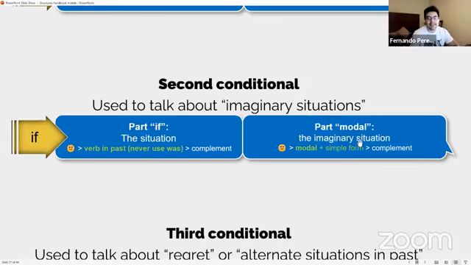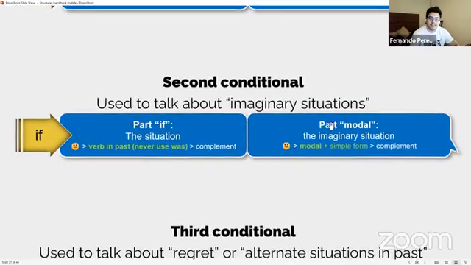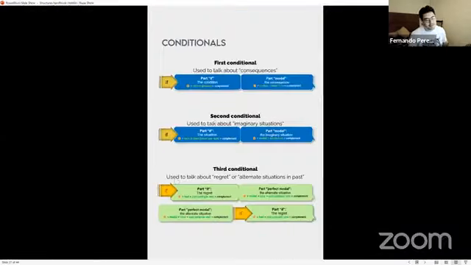The imaginary situation is when everybody dies. This is a would sentence. But the first part is the context. The first part needs the verb in past. All of this information, we saw it some months ago. And this is a review for the second conditional.